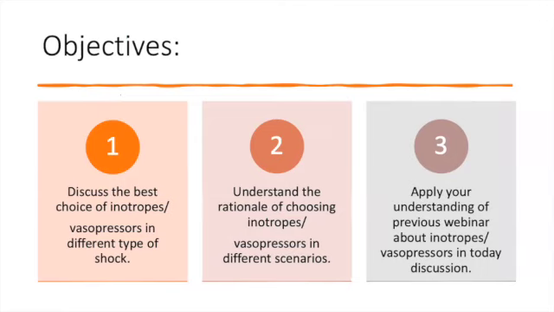Also today we will understand the rationale of choosing inotropes or vasopressors in different case scenarios, and we will apply your understanding of the previous webinar about inotropes and vasopressors in today's discussion.